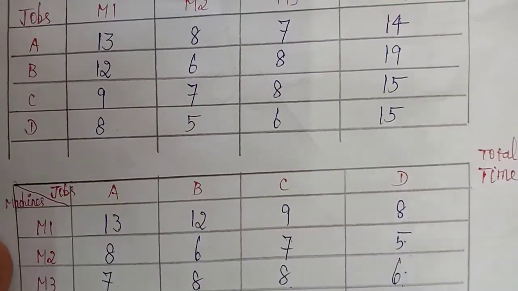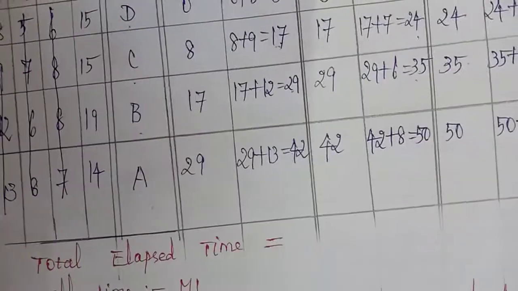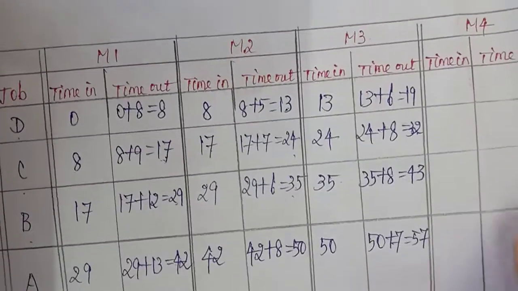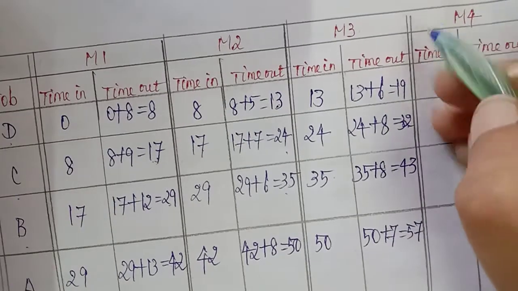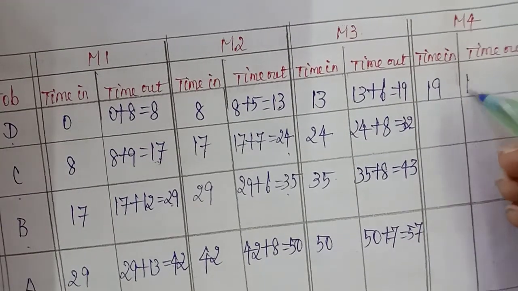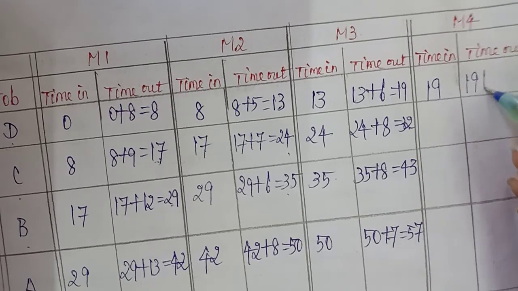So after writing the processing time of M4, time in of M4 is 19. With 19 you add 15.